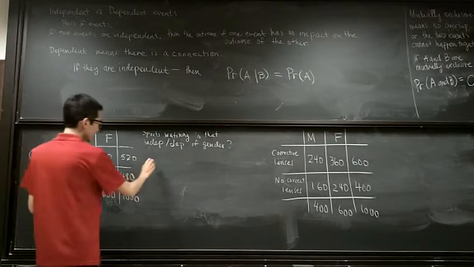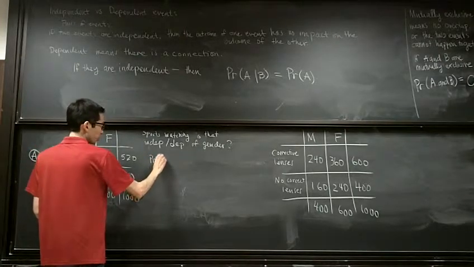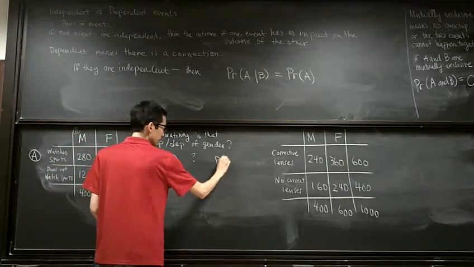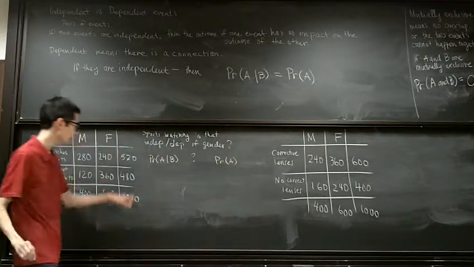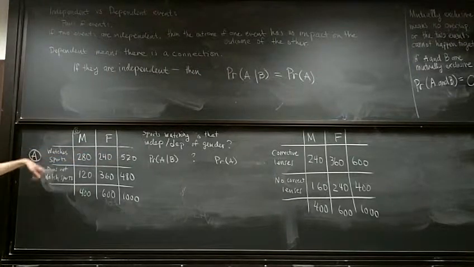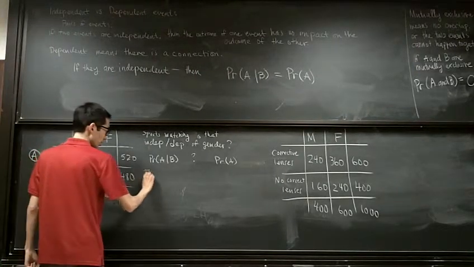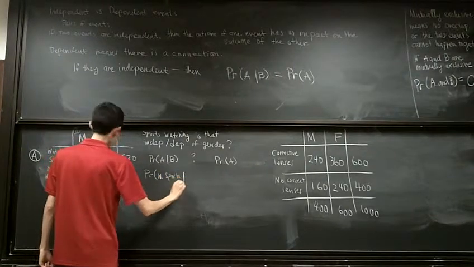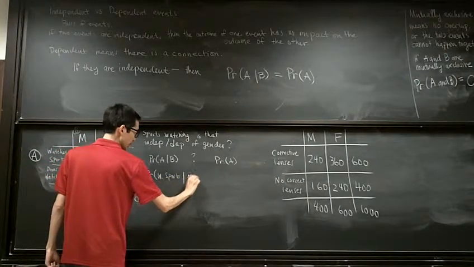So I'm going to do probability of A given B, is that equal to the probability of A? So probability of A given B would be probability of watches sports given male.